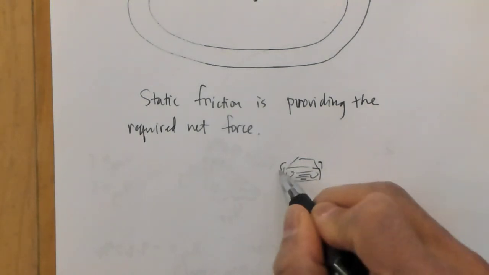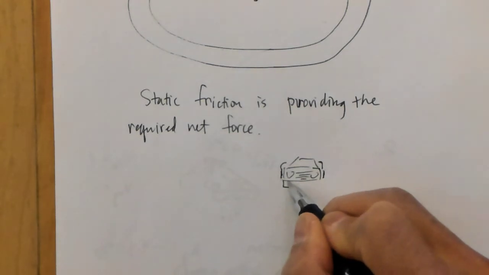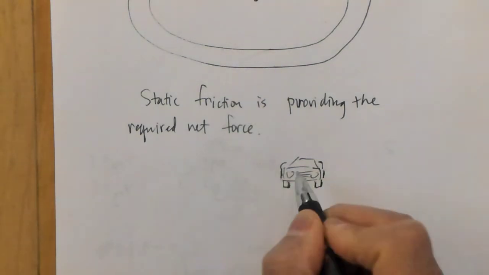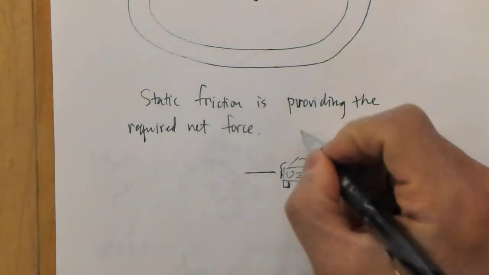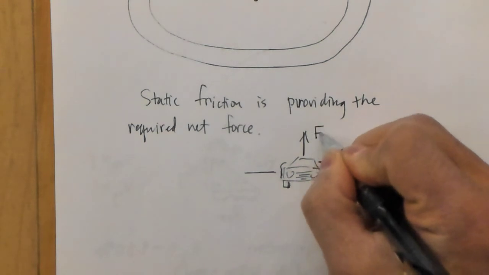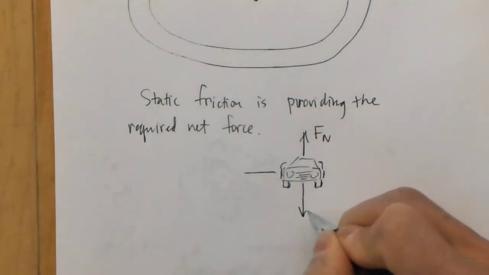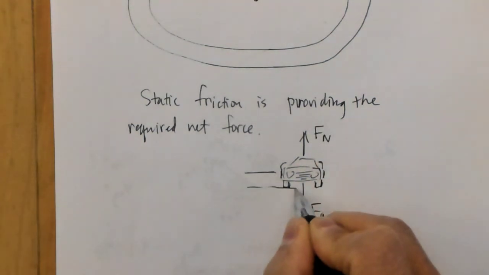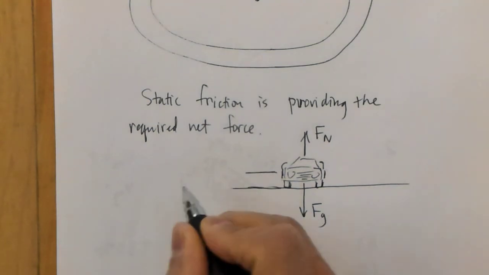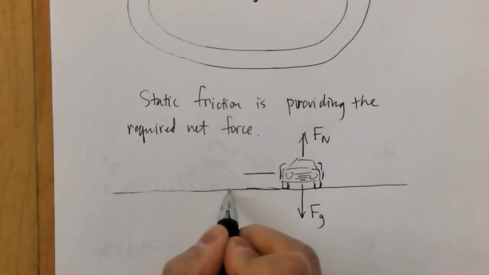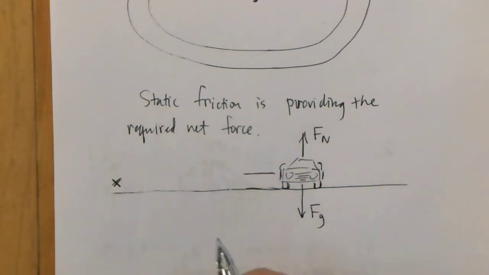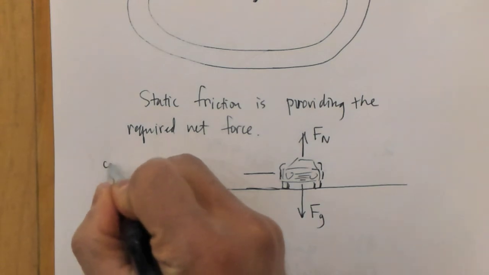We have the normal force going up and the force of gravity going down. They cancel each other out. It's on the ground here. And then way over here is the center of the circle.